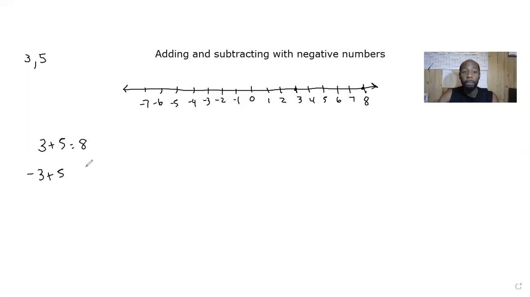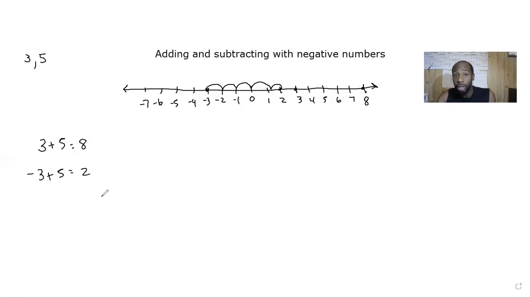Now, -3 is 3 below 0: 1, 2, 3. So if we want to add 5 to that, let's start at -3 and then add 5: 1, 2, 3, 4, 5. And that is +2.